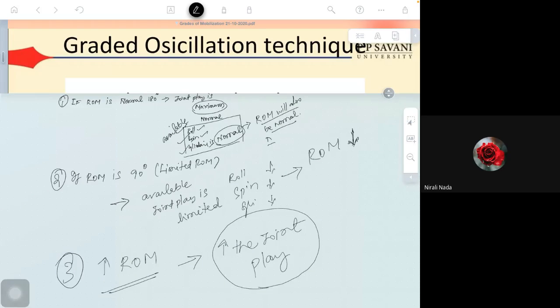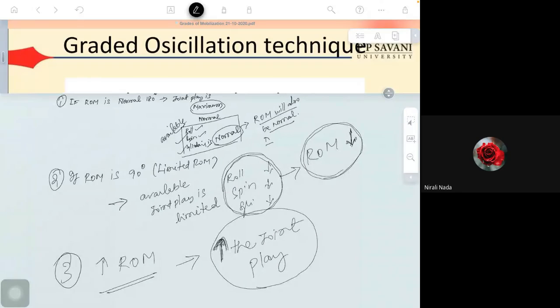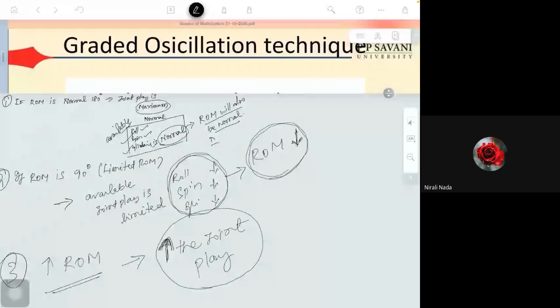Clear? Because you know that the joint play is limited, that is why the range of motion is limited. If the joint play is increased, automatically the range of motion will also increase. Are you clear what I am saying?